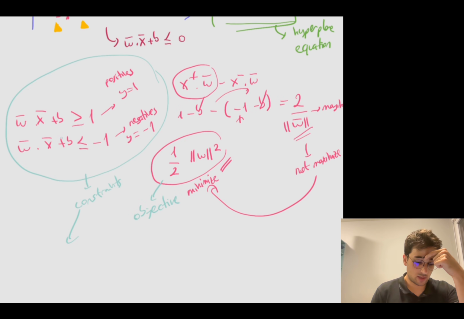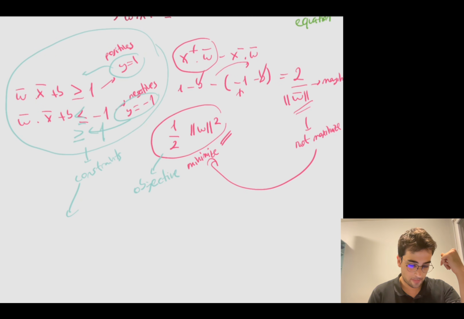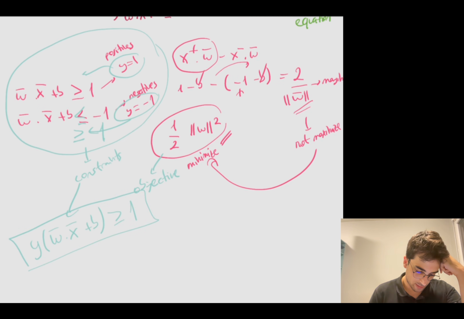Let's make it more beautiful, okay? Instead of having two different equations, we can have only one single equation, right? To do that, look at it. When y equals 1, it becomes bigger than plus 1. And when it is negative, it's smaller than minus 1. So when you multiply it, it would change and become plus 1 too. So what you can say is y multiplied by (w x plus b) is always greater than or equal to 1.